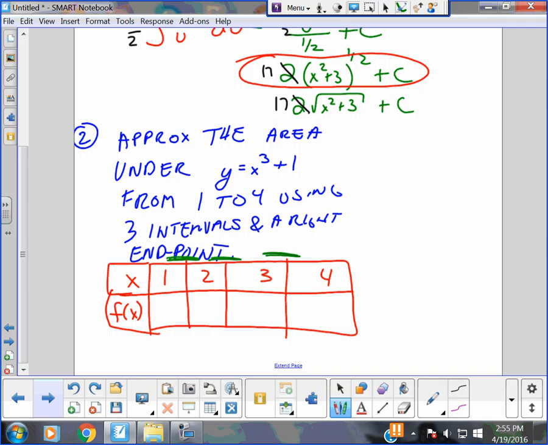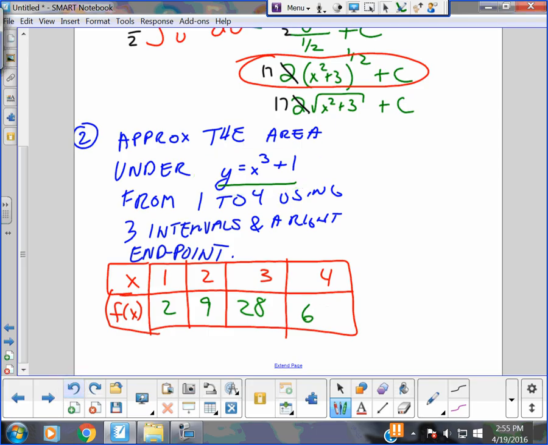Do you guys agree? 3 intervals. How big are the intervals? They are 1 wide. I plug the values into the equation. I get 2. 2 cubed is 8, plus 1 is 9. 3 cubed is 27 plus 1, 28. 4 cubed is 64 plus 1 is 65. I know I did that fast, but that's the math.